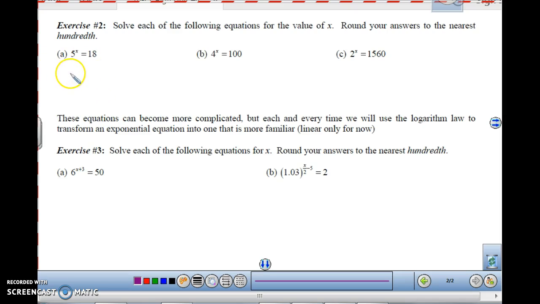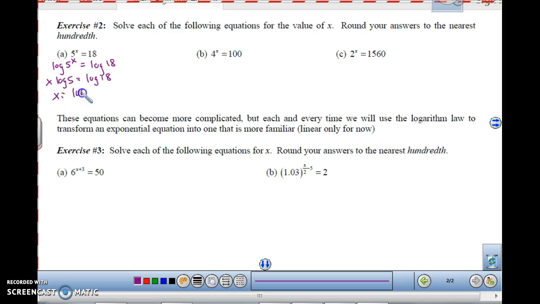So what we want to do is take the log of both sides. What you do to one side of the equation, you've got to do to the other. So if I take the log of one side, I've got to take the log of the other side. Now this is the exponent, so the exponent is the power, so it's multiplied. x times the log of 5 equals log of 18. And then we should divide by the log of 5.